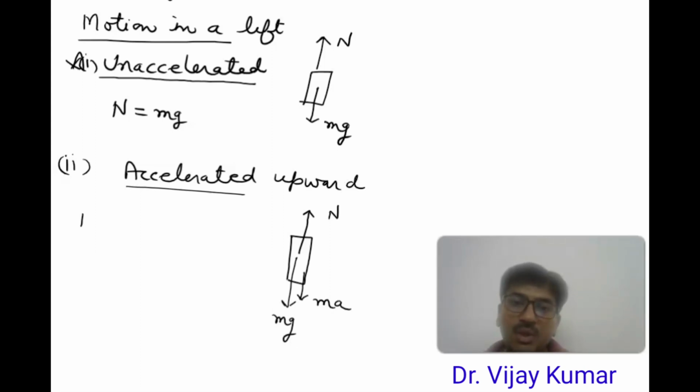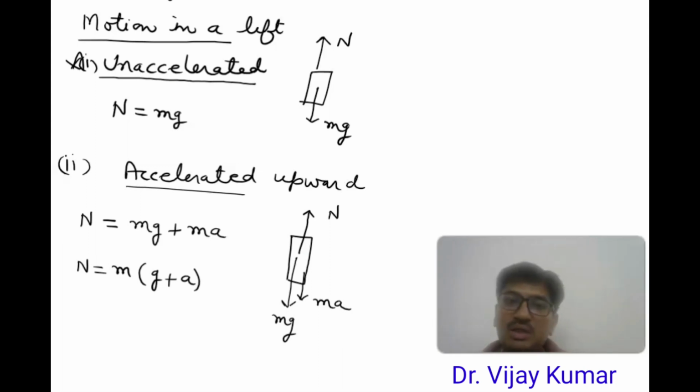So normal force should balance the weight of the person mg and the force ma, or we can say N equal to m(g plus a).